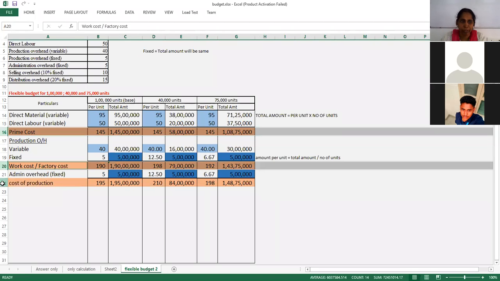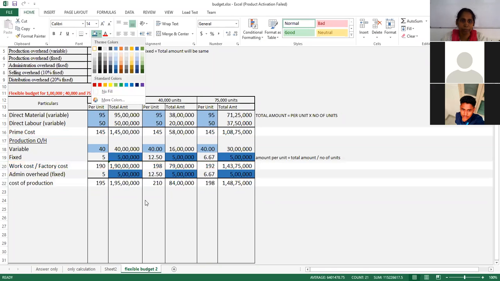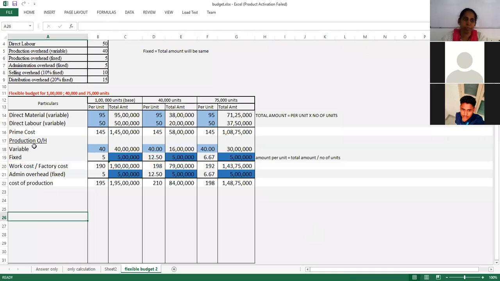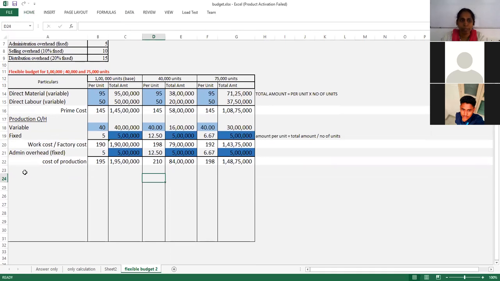It's up to you. If you want, you can color it, or you can remove the color also. So this is done.